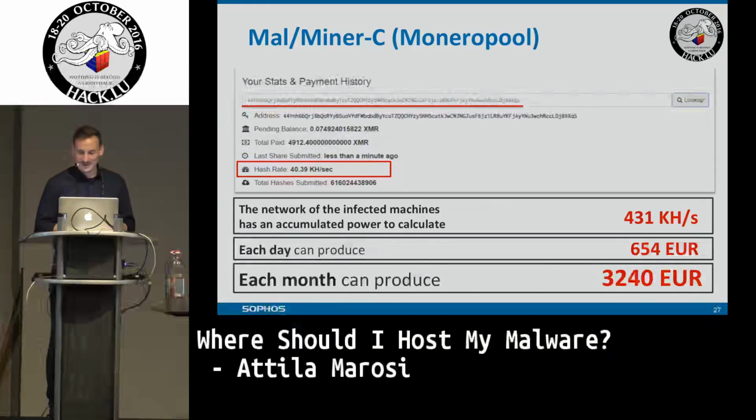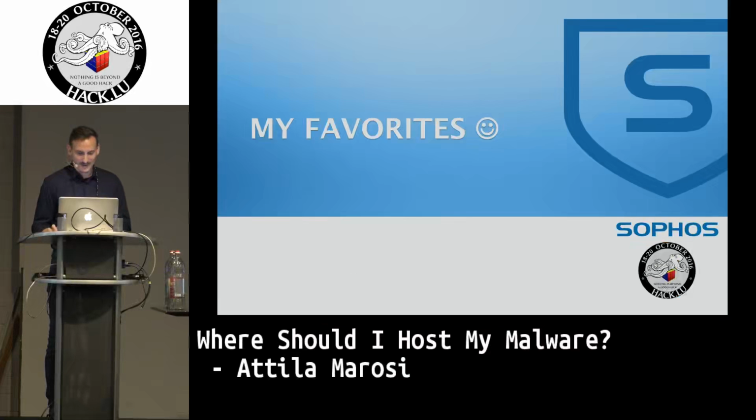As you can see, 6,000 euros each day, it's not bad, and 3,000, yeah, 3,000, it's very good for a month. I think this was the first time we have exact data about the malware. So it's very good, and based on how difficult it is, I think it's very good.